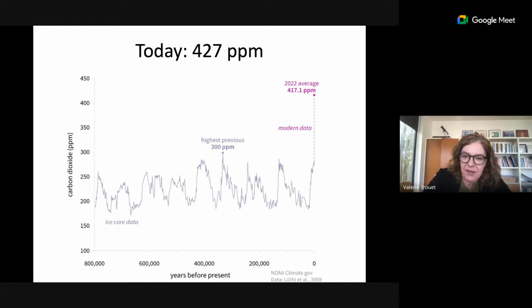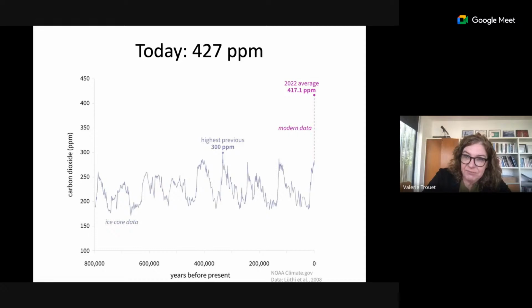If you add that line to the graph I just showed earlier for the amount of carbon dioxide over the past 800,000 years, this is how unprecedented the amount of CO2 in the atmosphere is where we're at today. The graph you're seeing is from 3 years ago when we were still at 417. We've added 10 ppm just in the past 3 years.